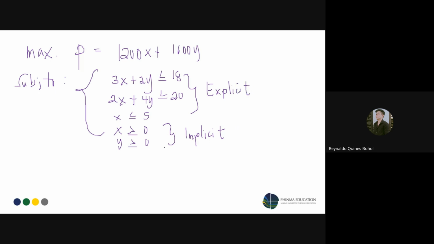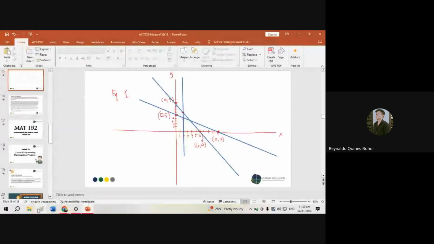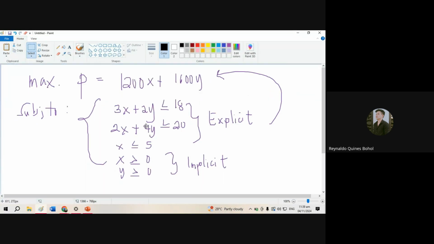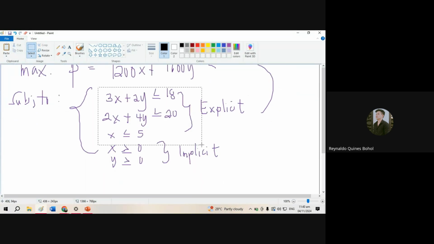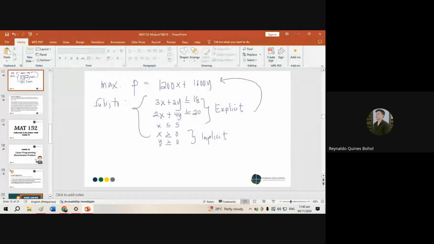Tapos, ito na yung objective function mo. Then, ang gagawin mo dyan, kunin mo na yung mga x and y intercept. Ito yung magiging equation natin, yung tatlong equation.